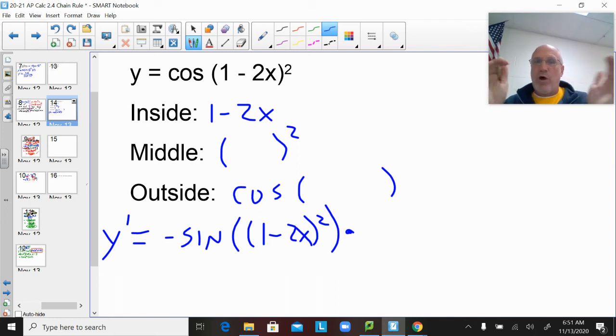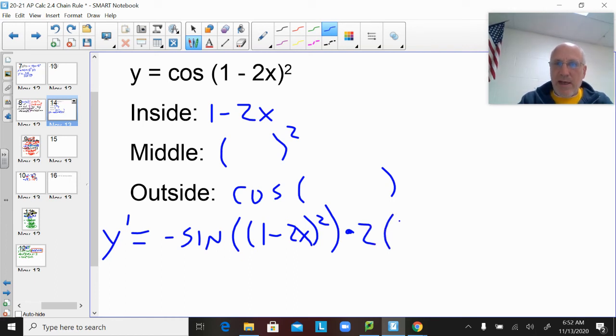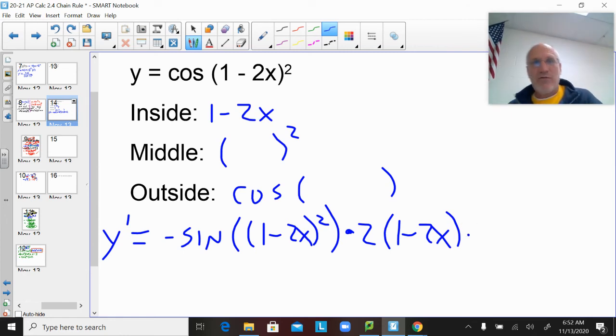So now the derivative of 1 minus 2x squared, we have to start from the outside of that, which is something squared. And the derivative of something squared is 2 times that something to the first power. And then lastly, I have the derivative of its inside. The derivative of 1 minus 2x is just negative 2, I think.